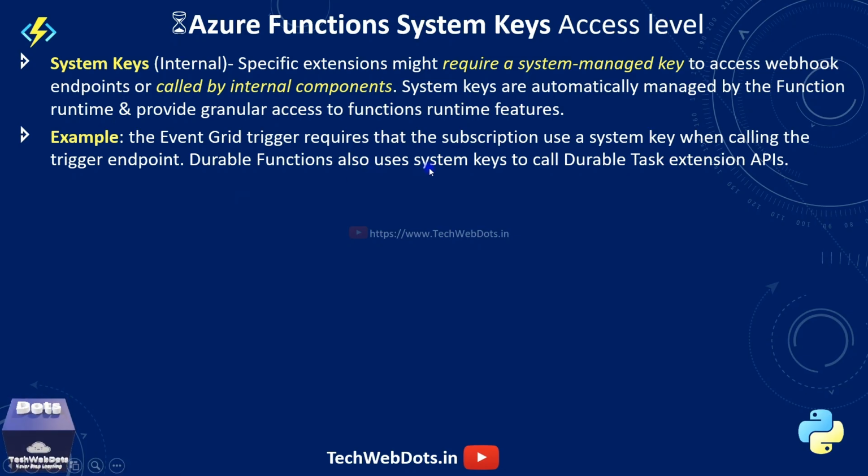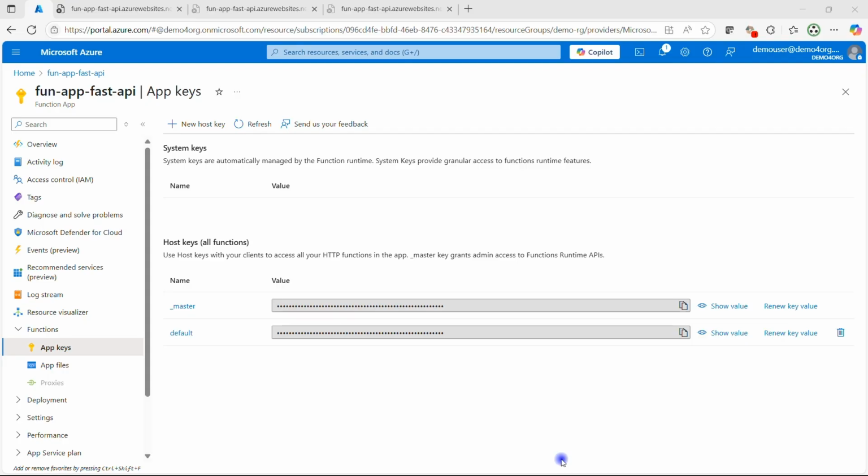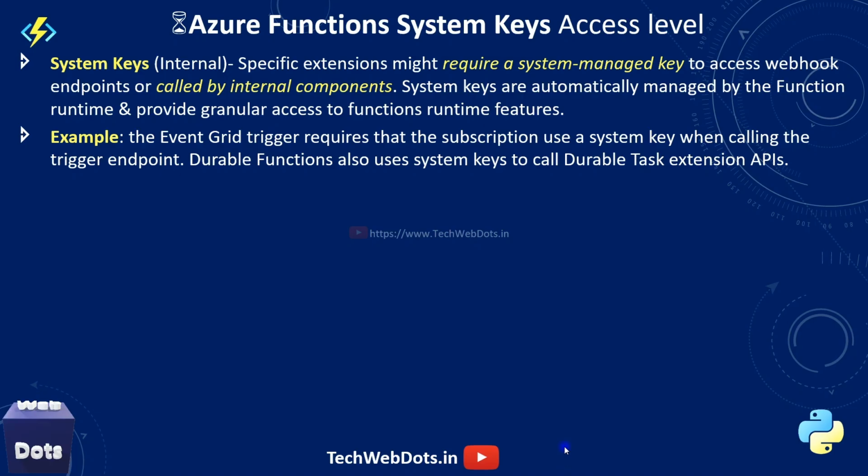Durable functions also use system keys to call the durable task extension API. So I think for now you're clear how it works. I mean, you can see the function key. Let me show you in the Azure portal. See, if any specific new system keys are assigned, you will see them under the same section, app keys. Okay, so let's go back to the presentation.